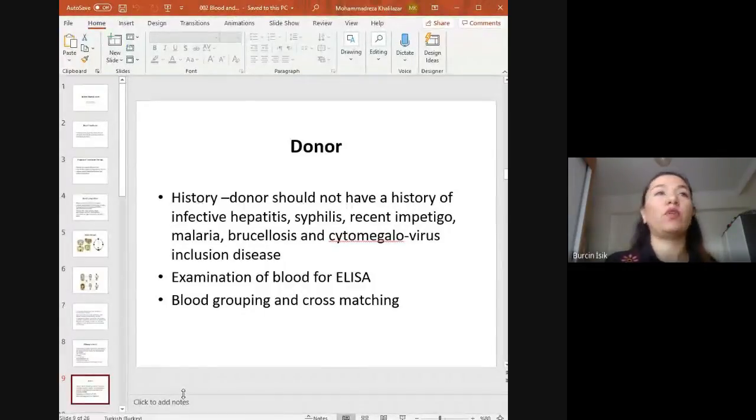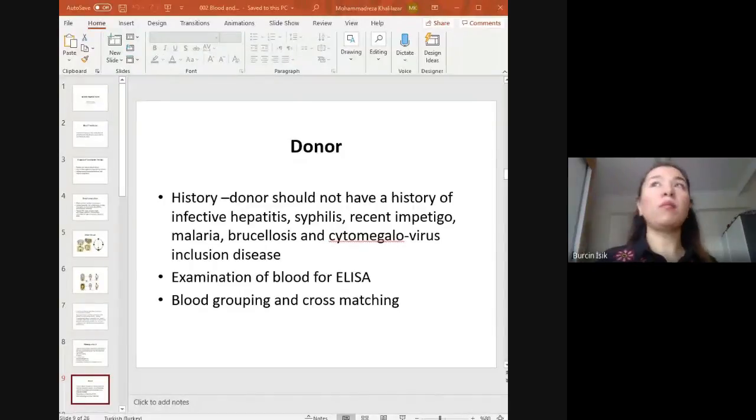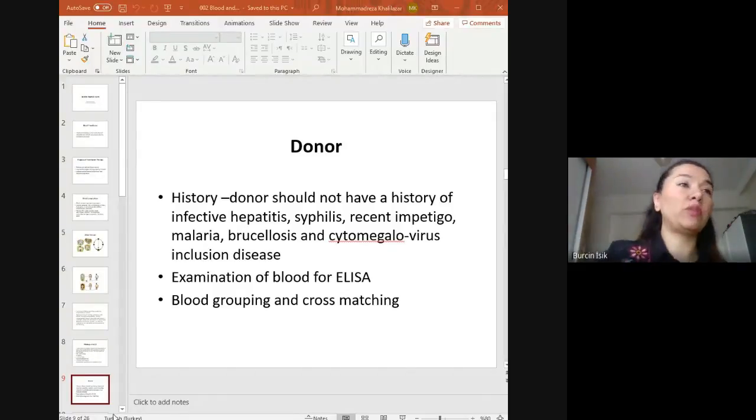About diseases, for example, syphilis, HIV, the blood is examined by ELISA. It tests not just syphilis and HIV but more groups of diseases, and blood group and cross matching must be checked.